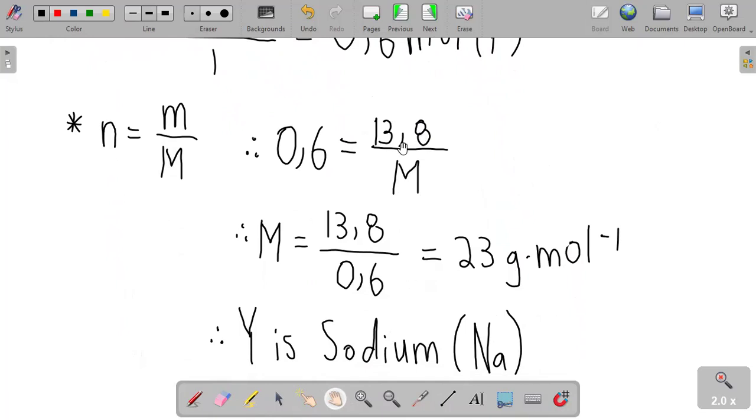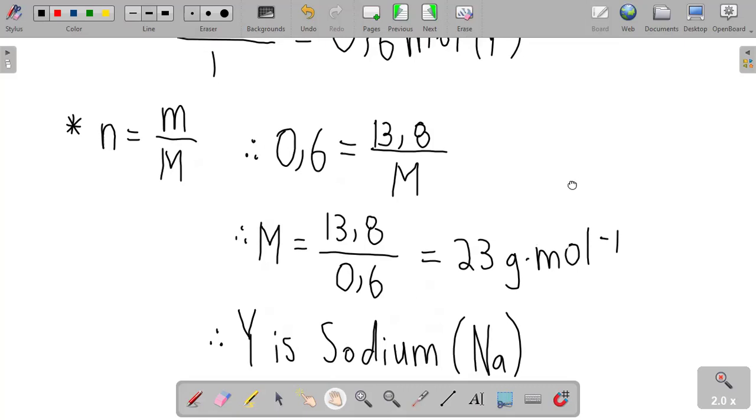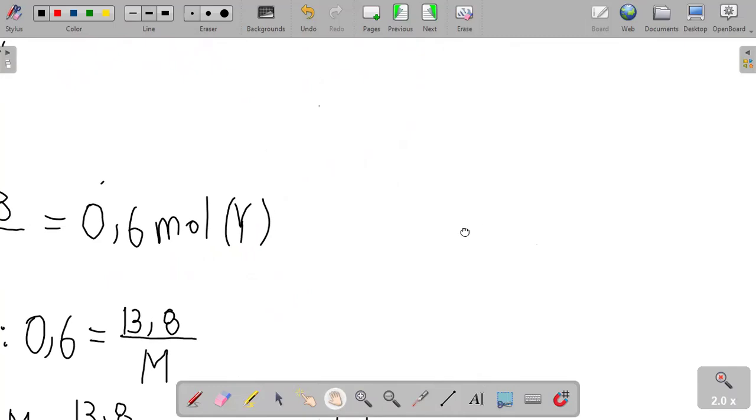So 13.8, the mass we're given in the question, comes here, and then we change the subject. We get M, which is 23 grams per mole. So 23 grams per mole corresponds with sodium, Na. So that is it for this question.